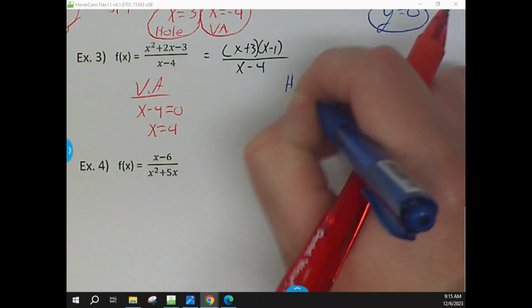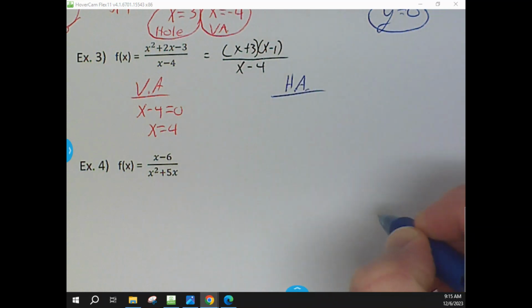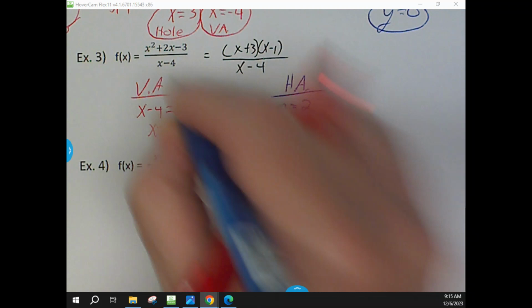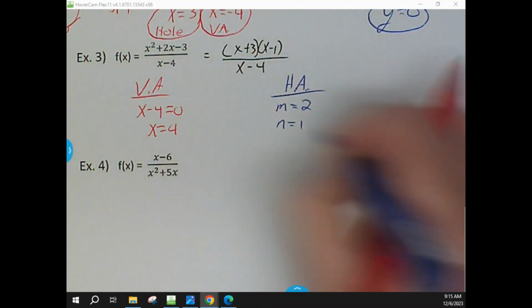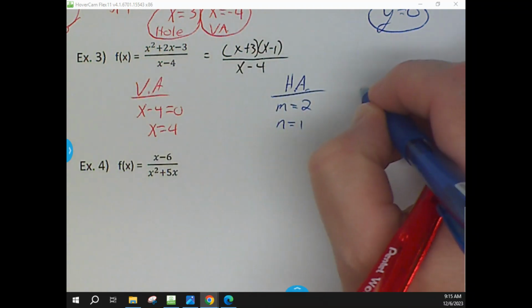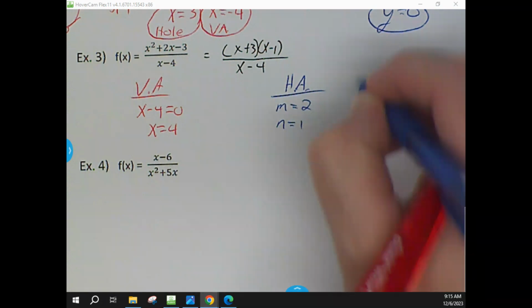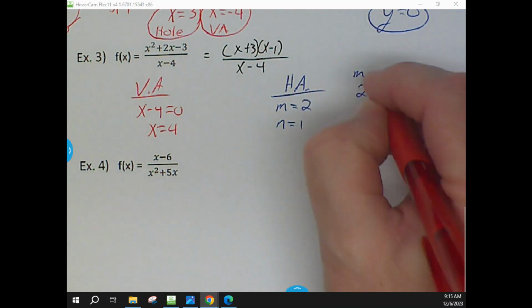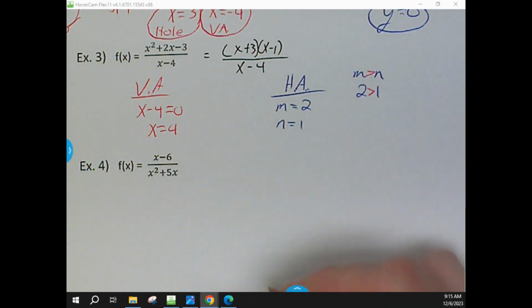Okay, for horizontal asymptotes, numerator is degree 2, denominator is degree 1, and again, m needs to be first. In that case, m is greater than n because 2 is greater than 1.